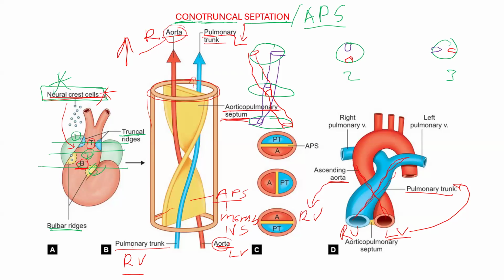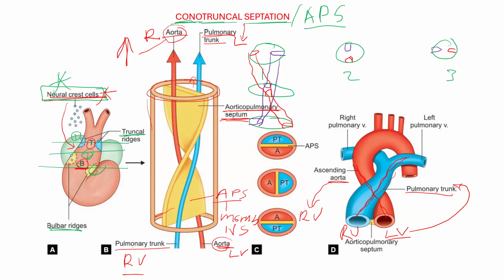Okay? And now the right ventricular hypertrophy comes later on. So initially there are three, but at the time of detection, the right ventricle is now big in size.